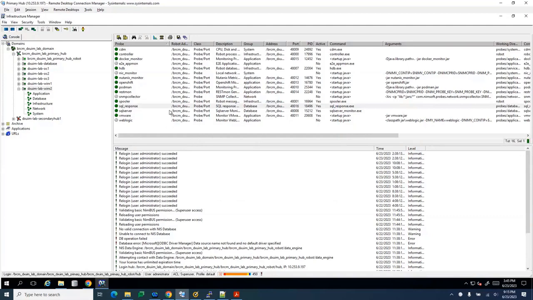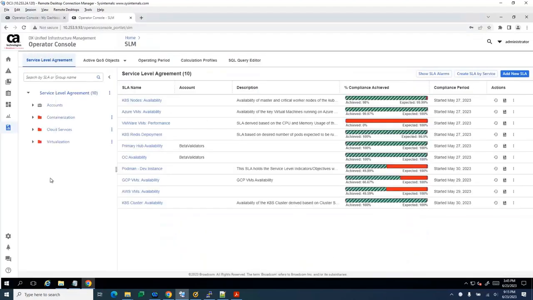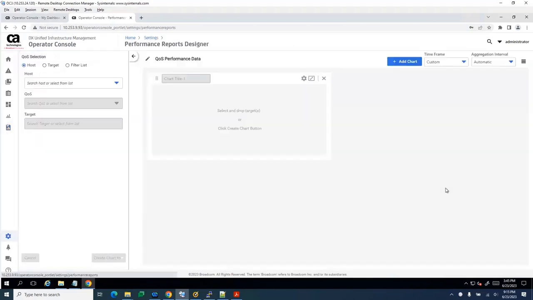Now what is the benefit we get from doing this? Let's say the QoS is collected. Okay, so we can get into the performance report designer.